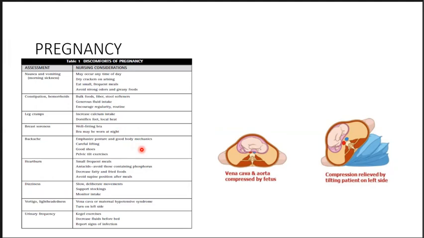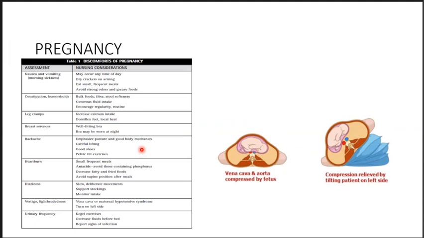And again, pelvic tilt exercises can be engaged in to help with the backache.